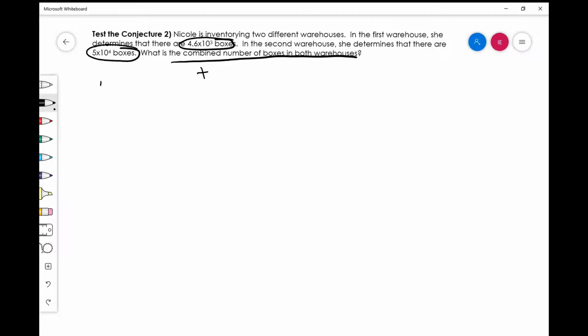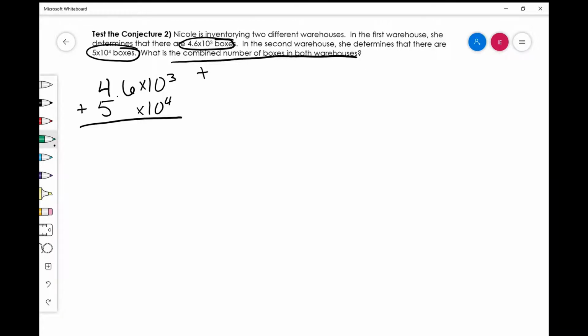So if I have 4.6 times 10 to the 3rd boxes and 5 times 10 to the 4th boxes, and we need to add those together, what can we do? Our conjecture says that we need to have the same magnitude in order to add values in scientific notation.